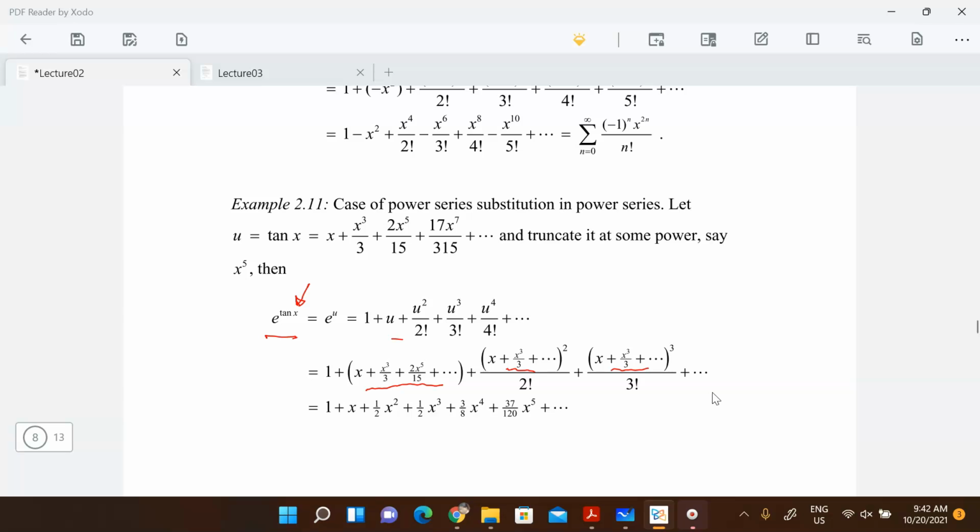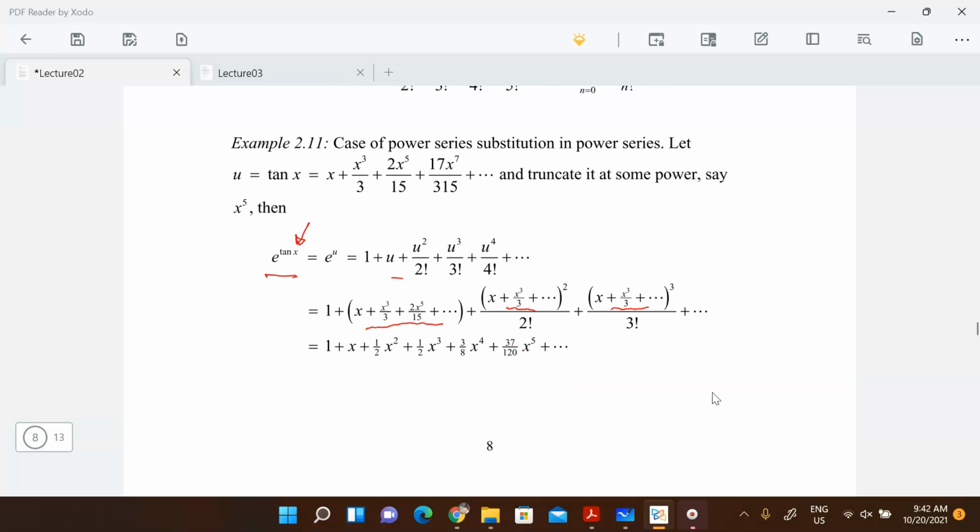So you have to do this carefully, but sometimes you are asked only to, say, please expand exponential tangent x to, say, 4 terms. Then what you need to do is just to look at the 4 terms that come from those expansions there. Okay.